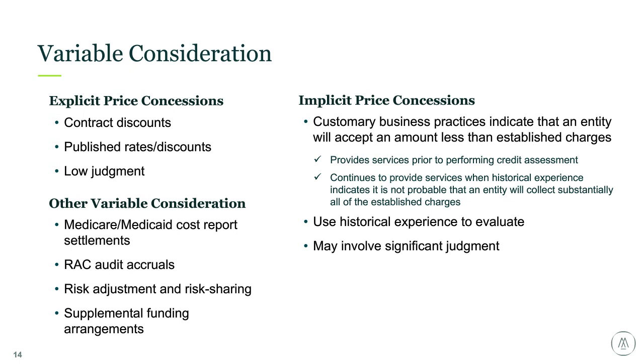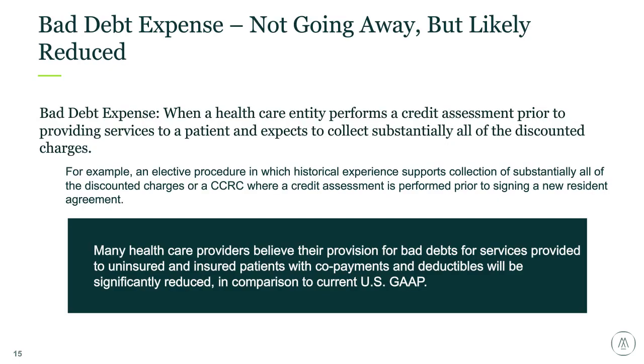Because of this implicit price concession concept, many healthcare providers believe their provision for bad debts, especially related to self-pay balances, will be significantly reduced compared to current GAAP. So when would you have bad debt expense?